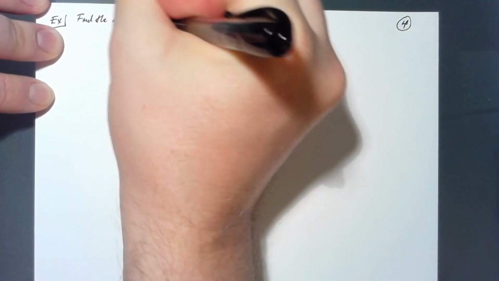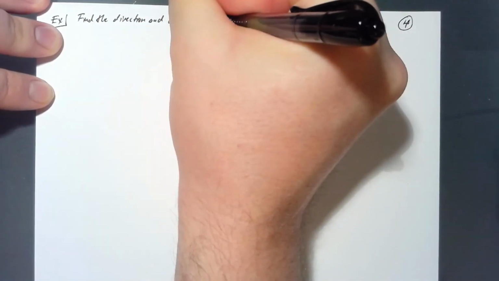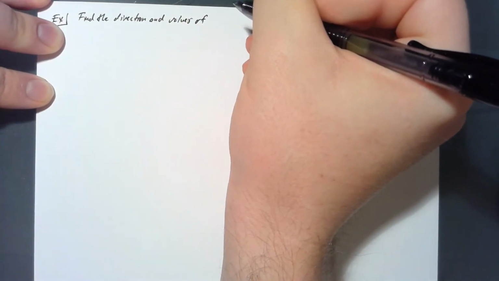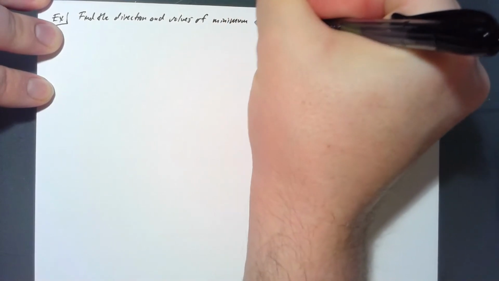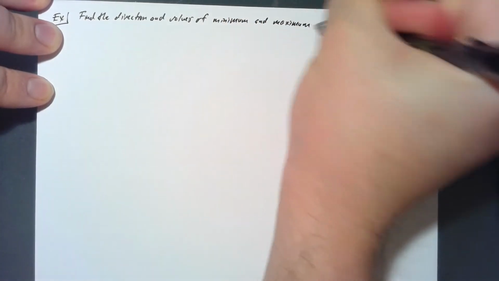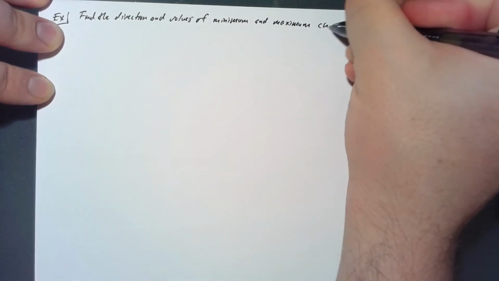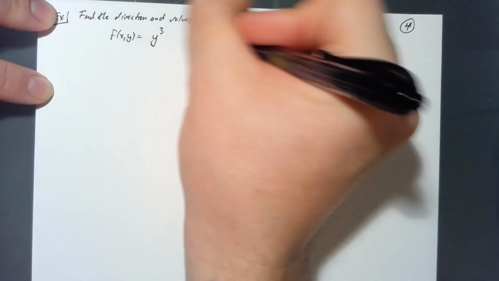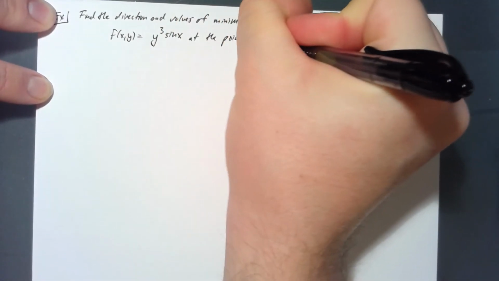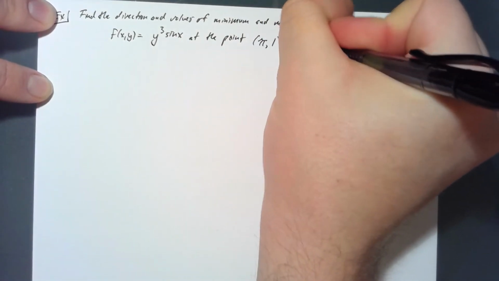Let's look at an example. Find the direction and values of minimum and maximum change of f of x, y equals y cubed sine of x at the point (pi, 1).